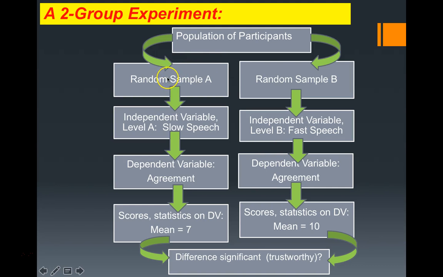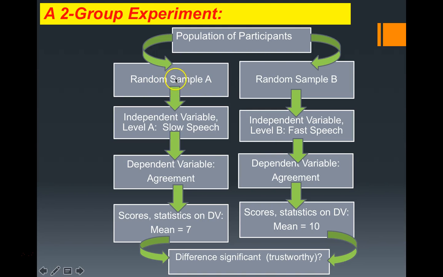In one, the speaker presents the message. Maybe it's 10 arguments. The message lasts maybe 7-8 minutes, and people listen to this on headphones, endorsing senior comprehensive exams.